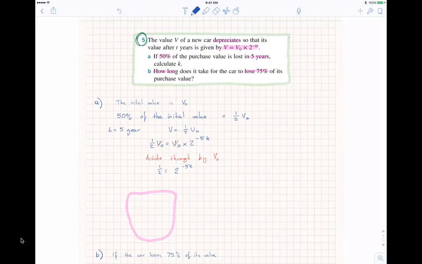And now we can put that in our CAS. So we put solve, comma t, comma k, sorry.